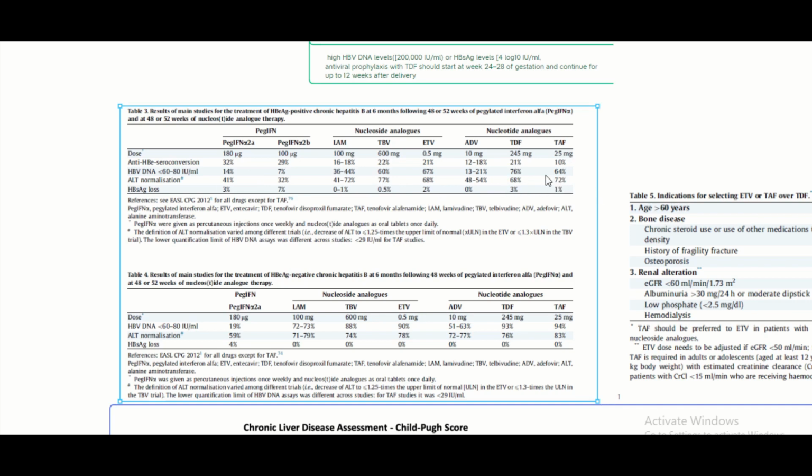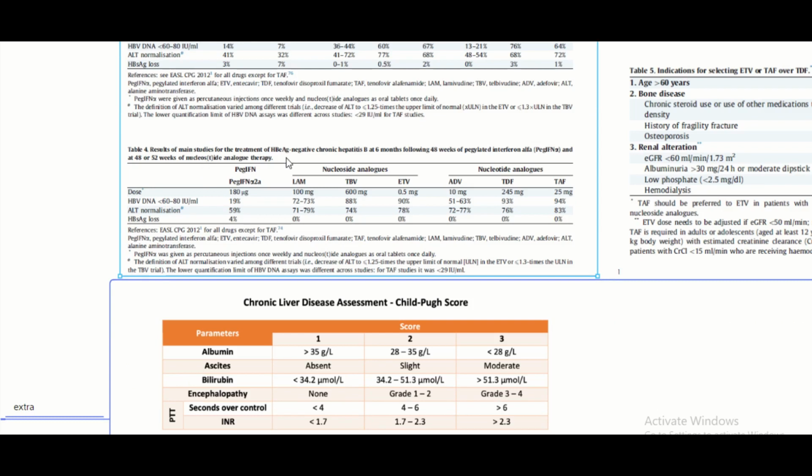As we see, the loss of HBs is quite small in all of them, but it's mostly with pegylated. But this does not recommend pegylated anymore because they have really high side effects. The patients don't tolerate them well. And we have a low seroconversion rate in comparison to others, especially if we see DNA levels.